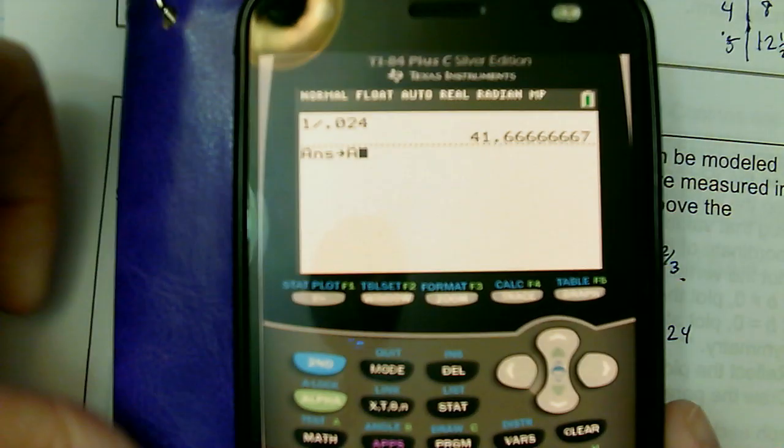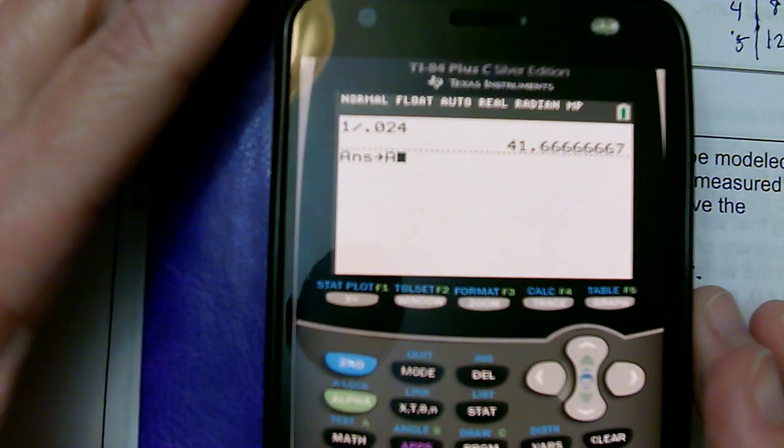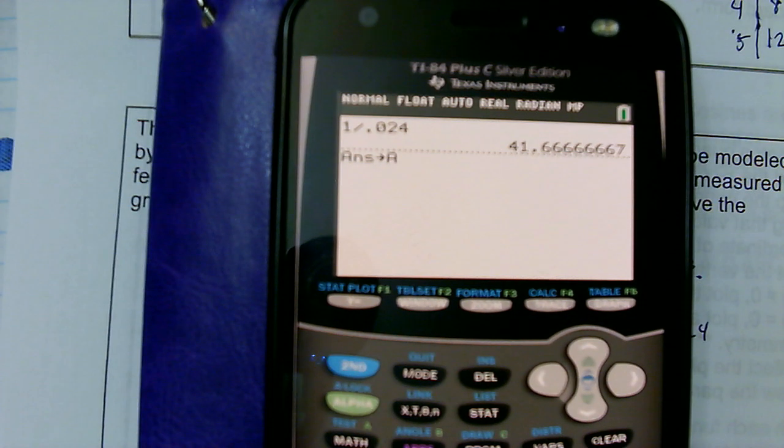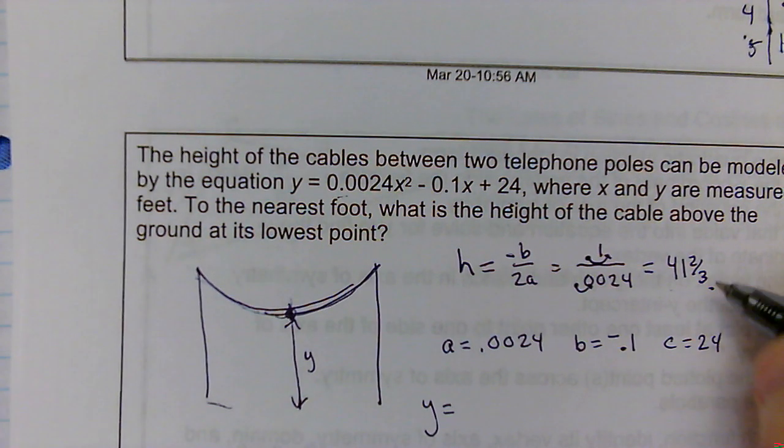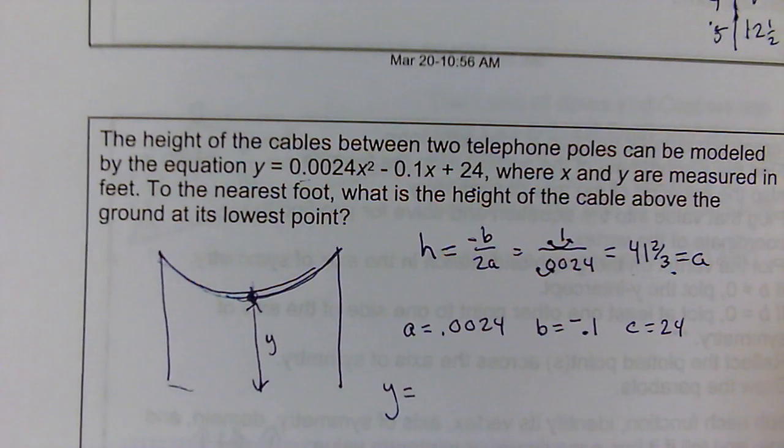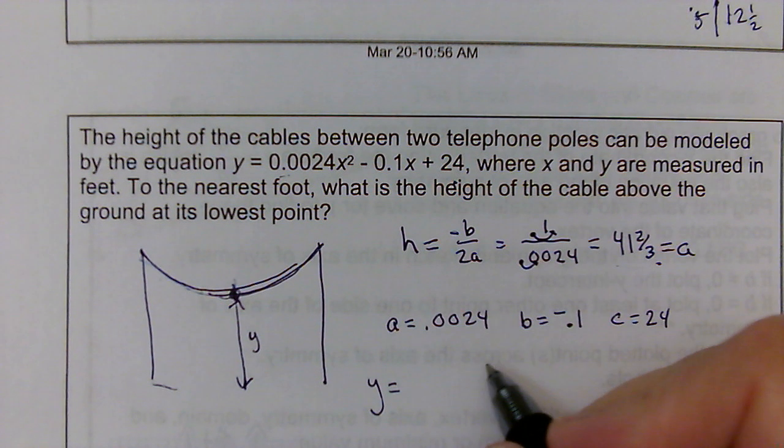I usually choose A because it's right there next to it. So if I do store A after I get an answer, I hit store alpha A and enter. Now that value is stored as the letter A. So if I want to plug that value into an equation, I can just type A instead. So A is now 41 2/3.